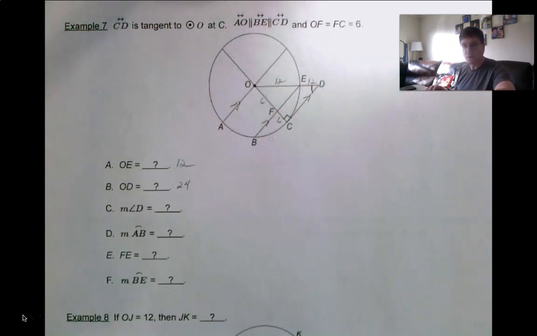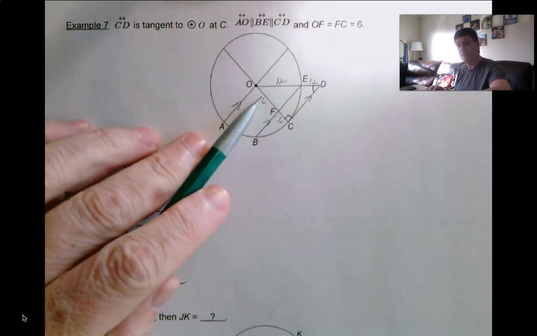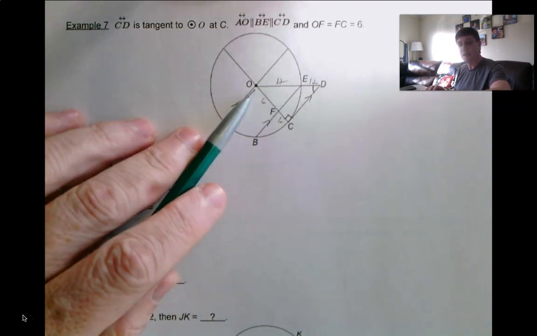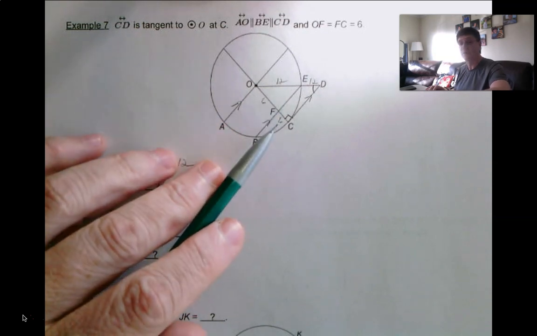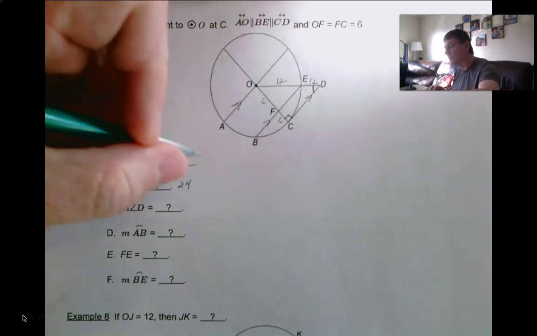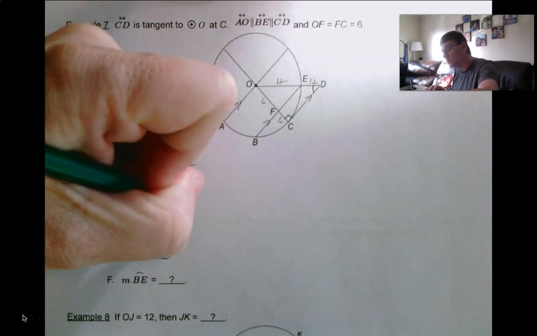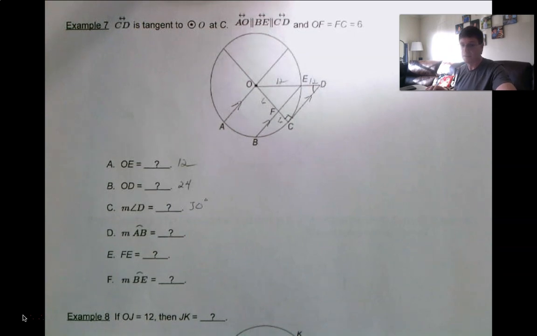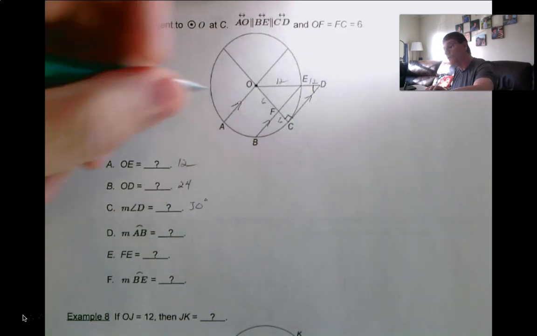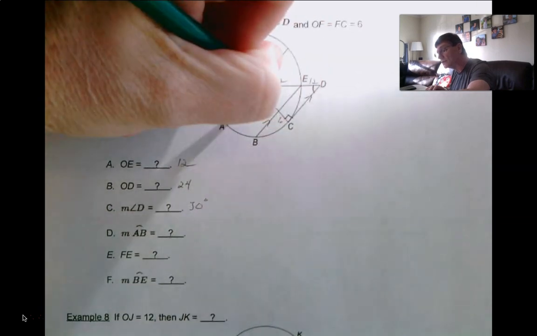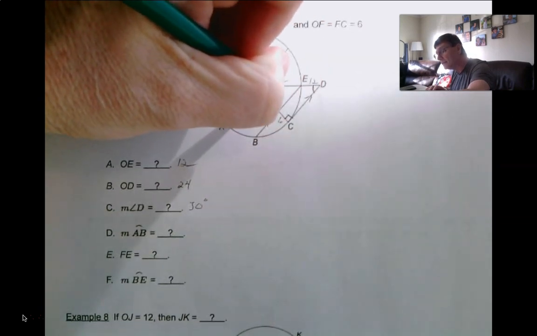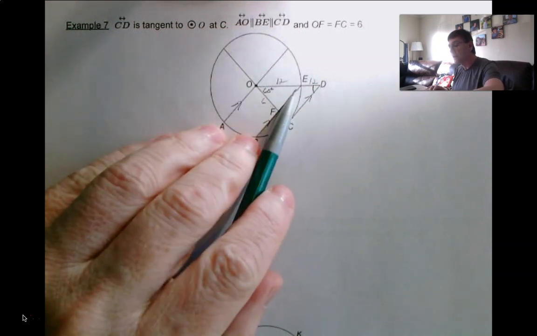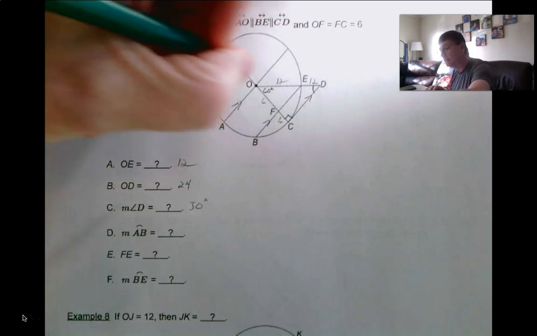If you want to do right triangle trig and do inverse sine, because we have opposite over hypotenuse, if we do inverse sine of 6 over 12, or inverse sine of 1/2, you're going to get the measure of angle D is equal to 30 degrees. We can also recognize that it's a 30, 60, 90 right triangle. Recognizing that's a 30, 60, 90, this is 30, this is 60. If this is 30, this is 30.